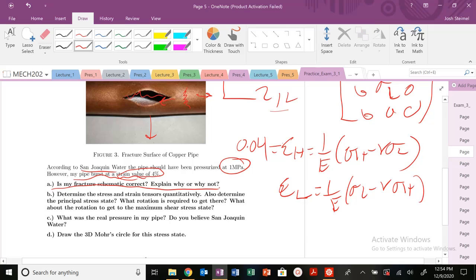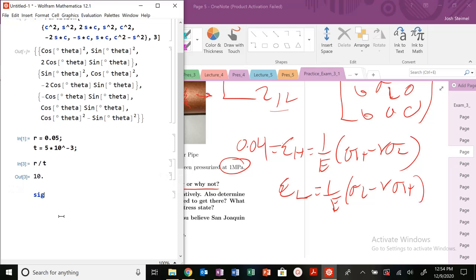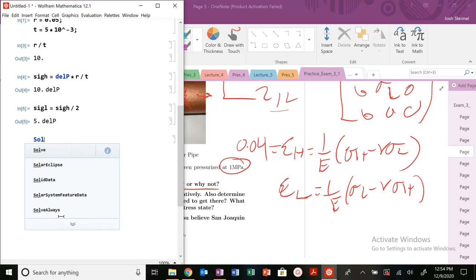Now we just have to figure out what the stress and strain tensors are. So let's go ahead and define those values. So sig H equals del P times R divided by T. Sig L is equal to sig H divided by 2. I also know that I can now solve for E sub H, right when it fractures, if I want to find the stress state right before fracture.